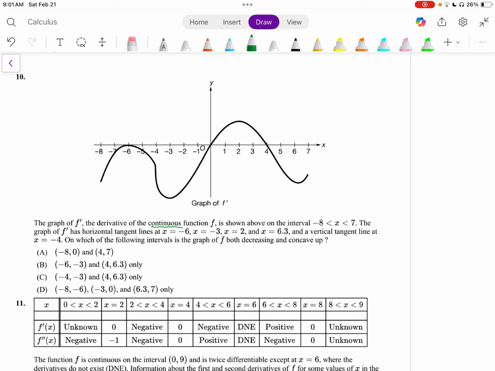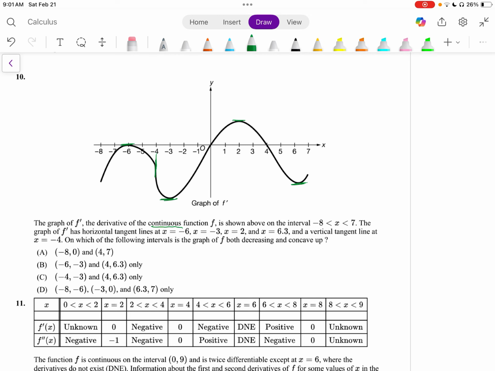The graph of f prime has horizontal tangent lines at x equals -6, at x equals -3, at x equals 2, and at x equals 6.3. Vertical tangent line at x equals -4. On which of the following intervals is the graph of f both decreasing and concave up?